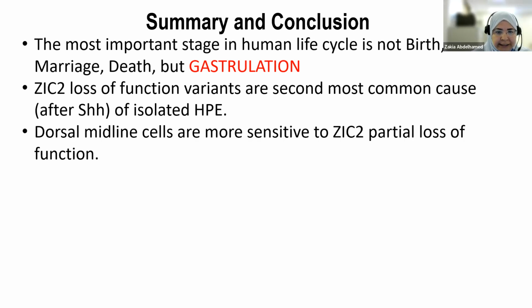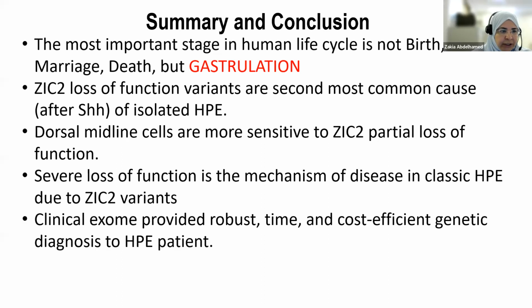The dorsal midline cells are more sensitive to ZIC2 partial loss of function, and severe loss of function is the mechanism of disease in classic holoprosencephaly due to ZIC2 variants. Clinical exome sequencing provided a robust, time- and cost-efficient genetic diagnosis for our patient, and should be applied for all holoprosencephaly patients who don't have a chromosomal abnormality.